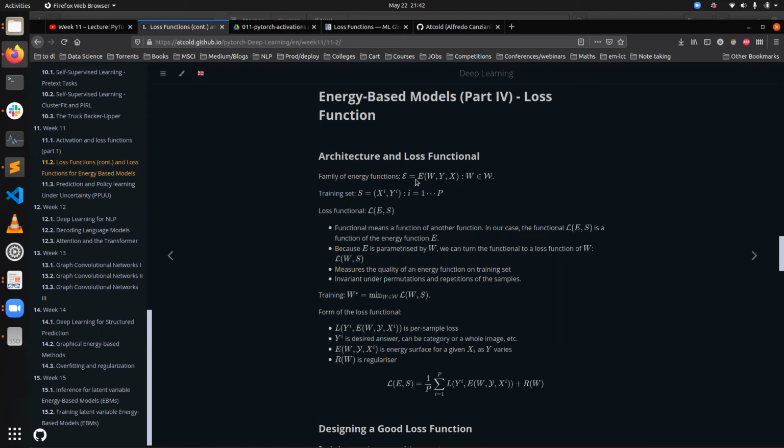And then you have a family of energy functions which is parameterized by W. So the energy function is parameterized by these weights, and your aim is to get a low energy score for x and its corresponding y, and the things that you are allowed to change are these weights. So these are the family of energy functions.